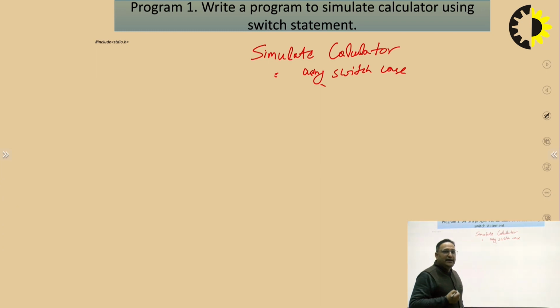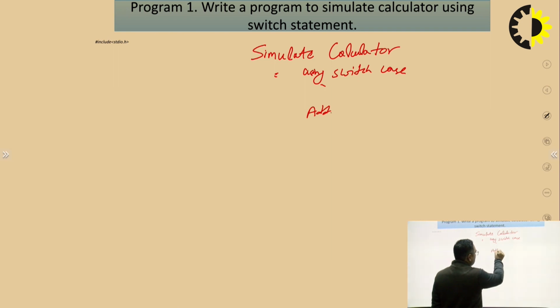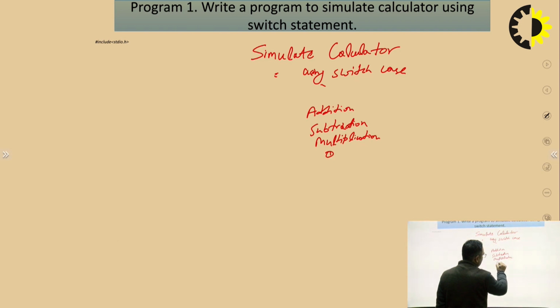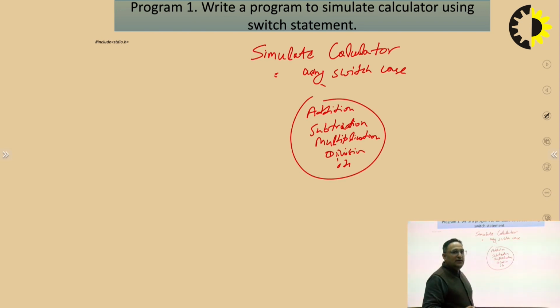That means in a calculator you need to give the user a choice of what kind of operation they want to perform. You can give the user a choice of whether they want to perform addition, subtraction, multiplication, division, etc. Based on the choice selected by the user, you can execute your code flow accordingly, right?